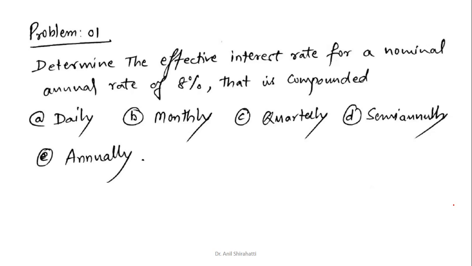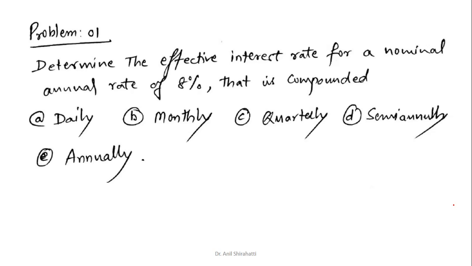Now let's understand this with a simple problem. In this case we are simply calculating the effective interest rate. Determine the effective interest rate for a nominal annual rate of 8% that is compounded daily, monthly, quarterly, semi-annually and annually. So let's start.